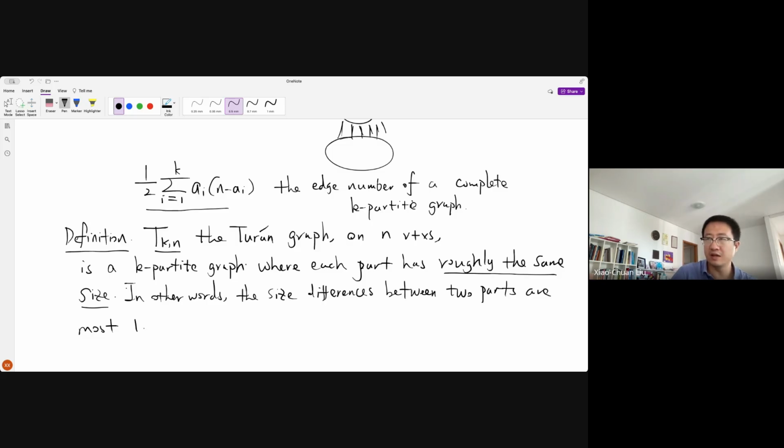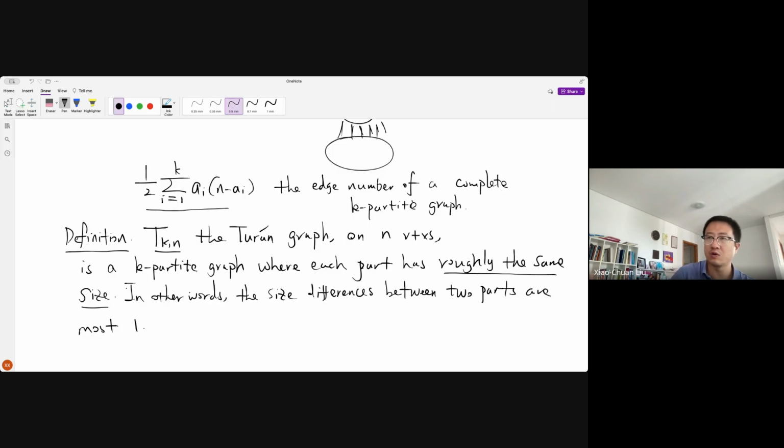So this kind of graph is basically unique. Probably you call different parts different names, so it is unique up to isomorphism.